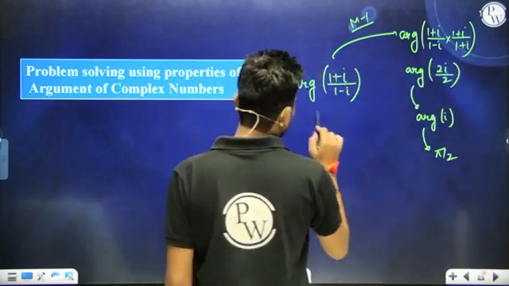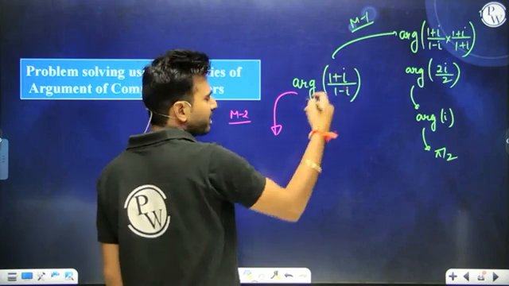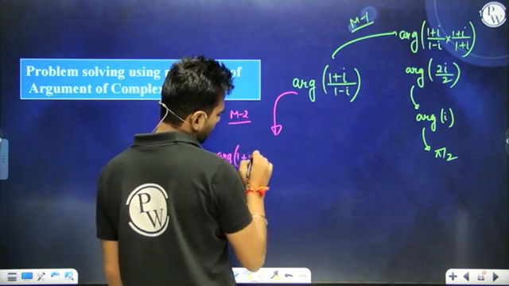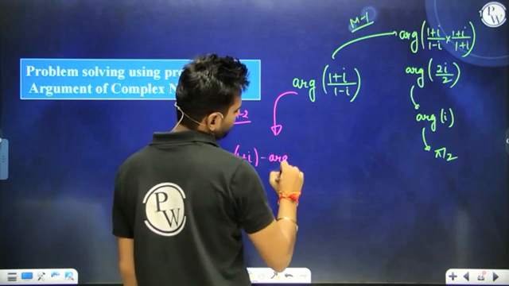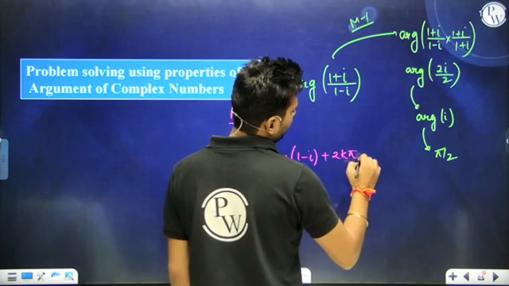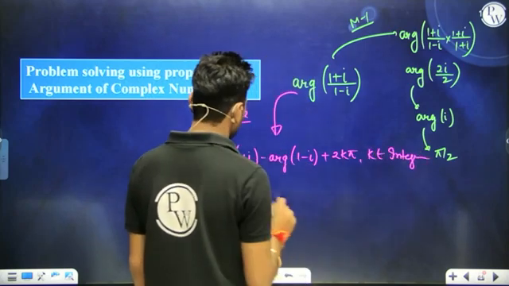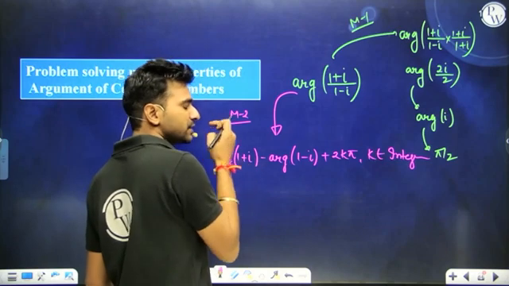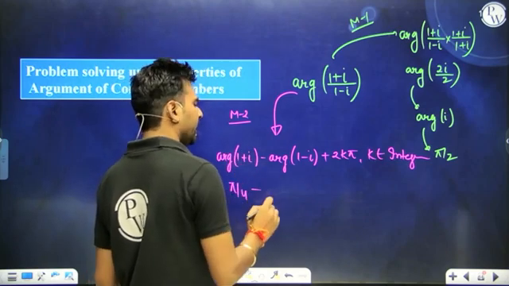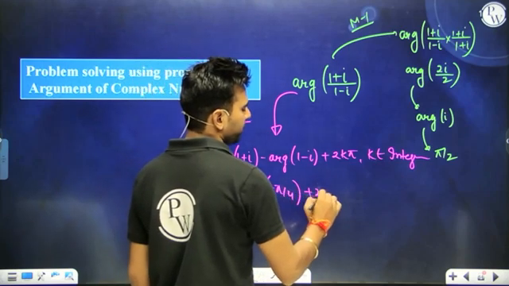But what I am teaching you is the property over here. So let's understand that. Argument of z1 by z2 can be written as argument of z1 minus argument of z2 plus 2k pi, where k belongs to an integer. Can we find out the argument of this? The argument of the numerator is going to be pi by 4 and the argument of the denominator is going to be minus pi by 4 plus 2k pi.